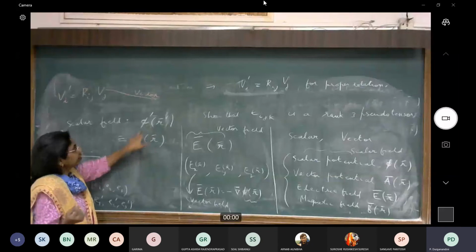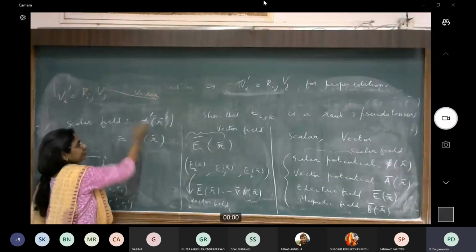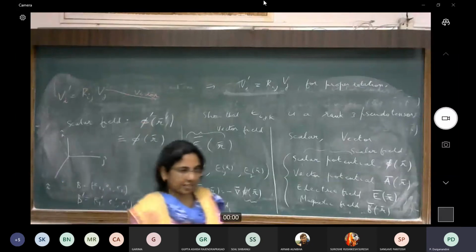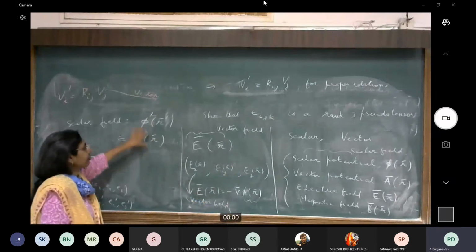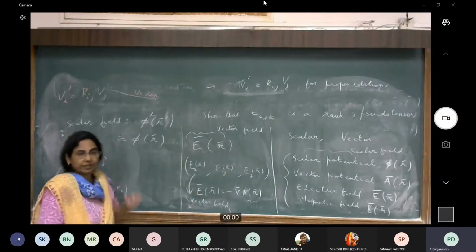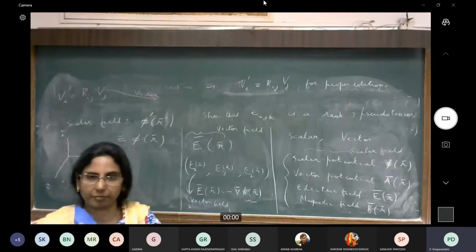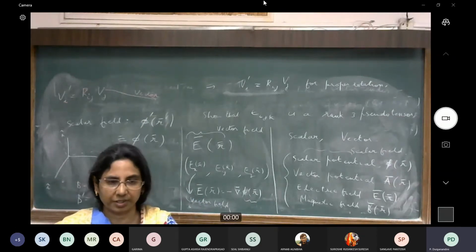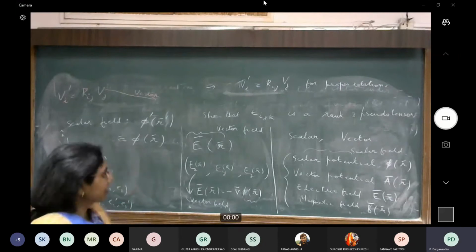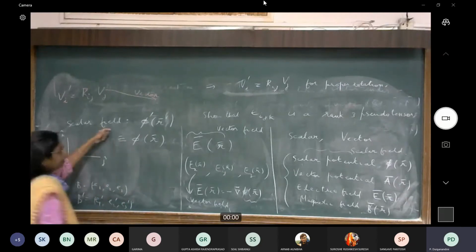In addition, the functional form of these phi's can also change. But if it is a scalar, then this whole quantity must be the same. So phi prime of r prime must be the same as phi of r. Okay, if that is true, then I will call this a scalar field by definition.